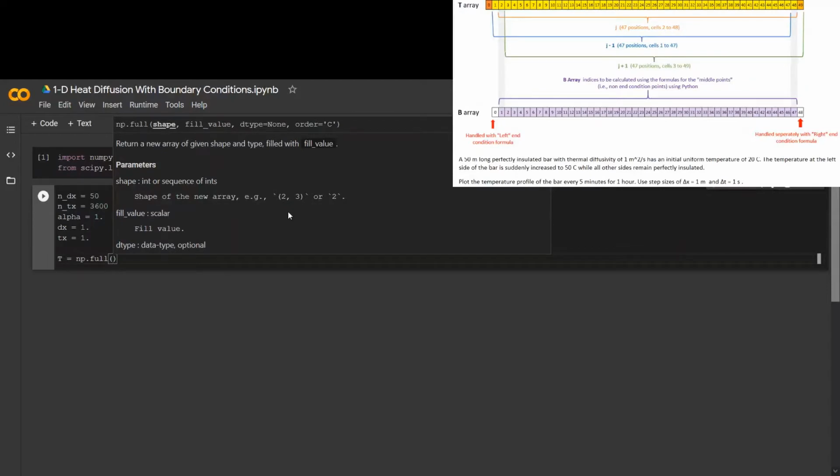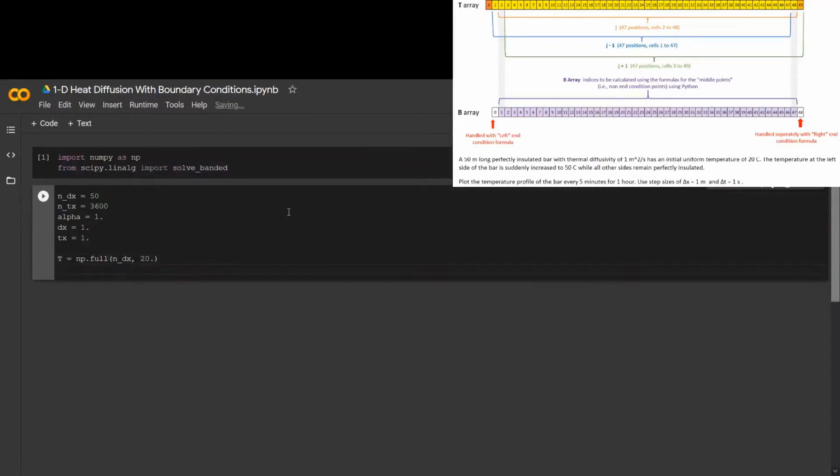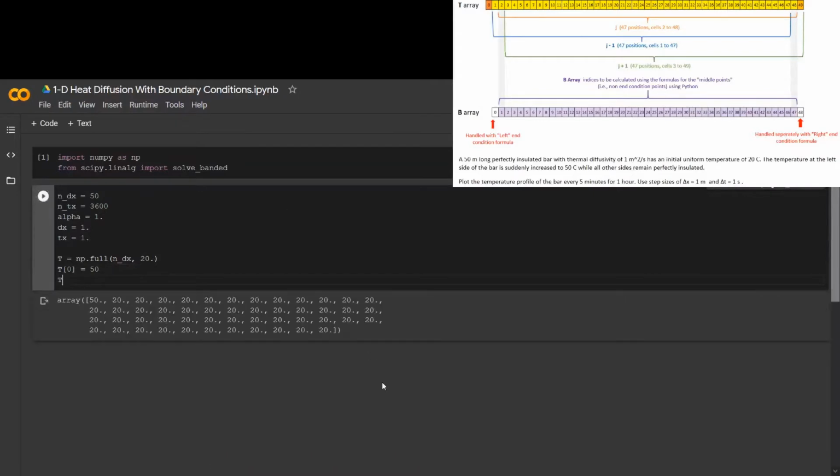So this should be the entire length of our discretizations, and let's fill that with 20. And then we want the temperature at that left bound to be 50. Let's print that and see if that looks okay.